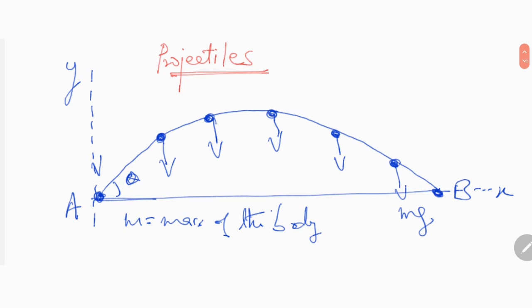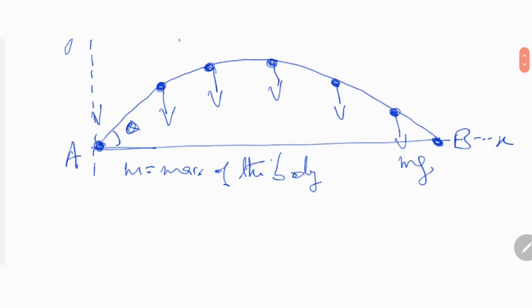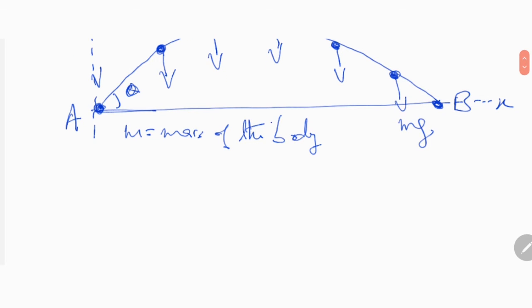Now please get this clear. Let's understand what's happening here. Let's just draw the vectors. At the instant the ball was projected upwards, this was how the ball was projected.